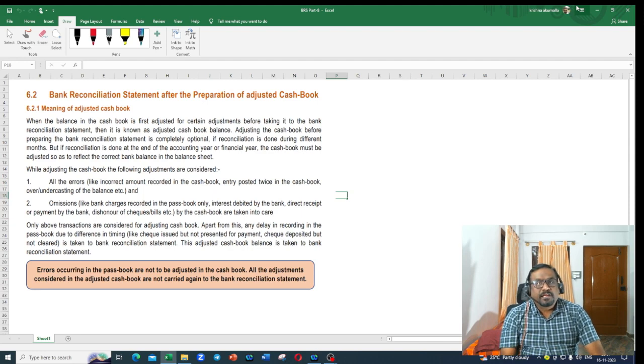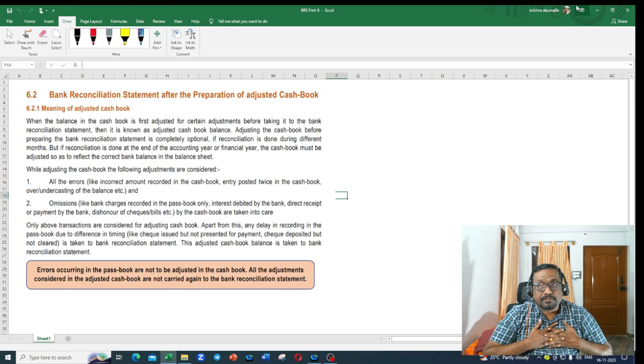How do I rectify? While rectifying those errors, you need to look at the problem in two parts. One, what can I rectify as a cashier? These are the errors I identified, and in that, there are mistakes that happened in my cash book.